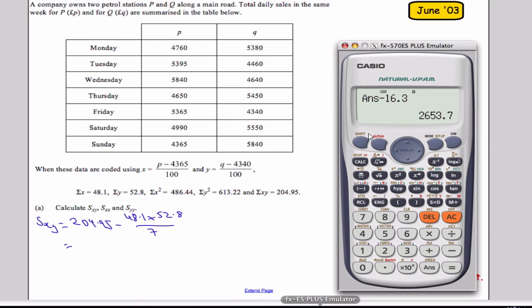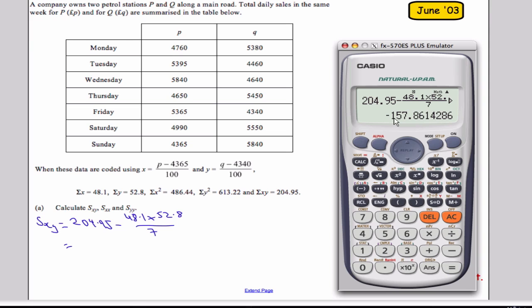Okay, out with the calculator. Let's go back to regular mode. Right, 204.95 minus 48.1 times 52.8 all over 7.